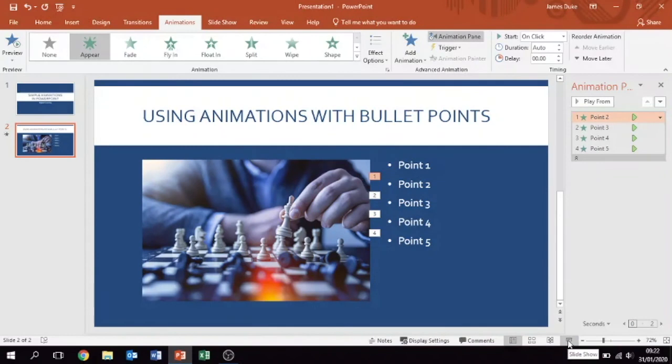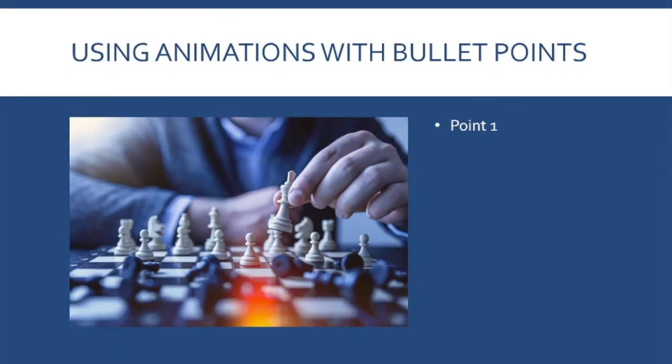So when I now preview my slideshow, I'll see that my slide appears as I want it to, with bullet point number 1 already available. I would address that bullet point, and now as I click forward to move on to bullet point number 2, bullet point 2 would appear, and so on and so forth. So this is a really simple way you can use simple animations in PowerPoint to enhance your presentation delivery.